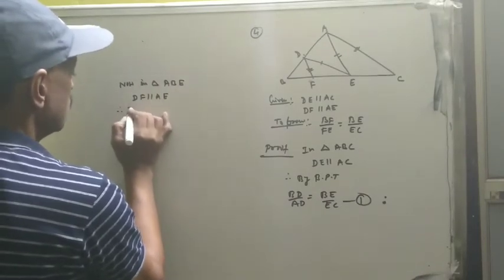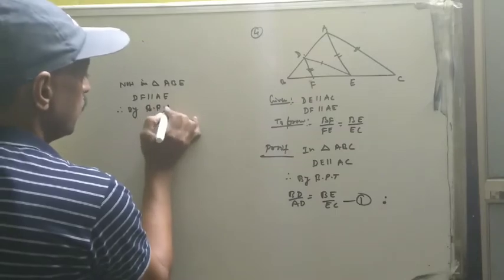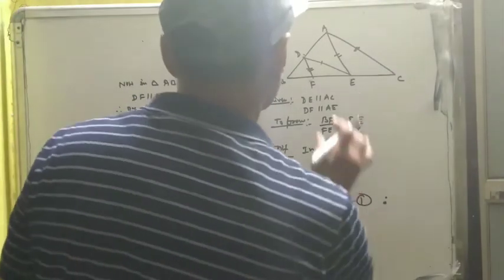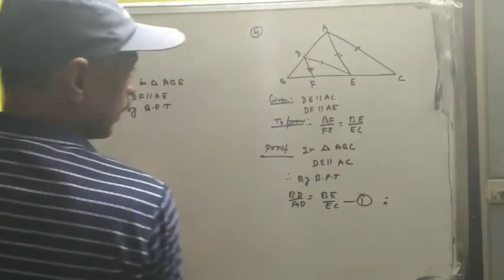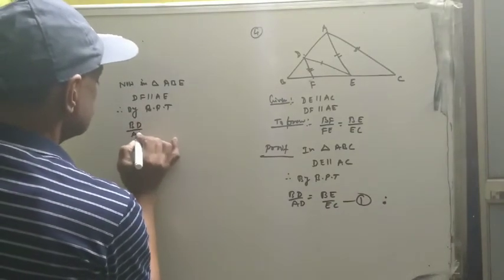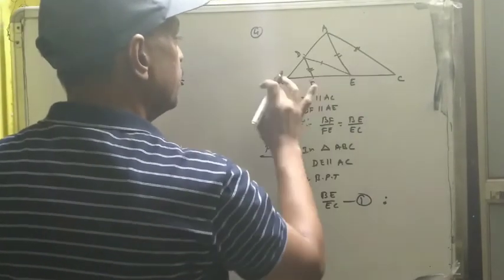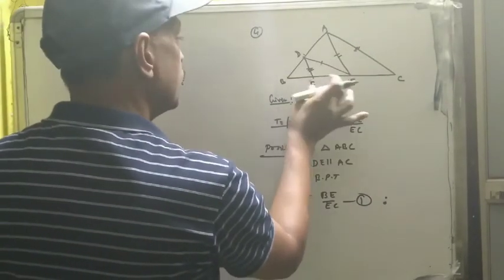Therefore by BPT we can write BD upon AD equal to BF upon EF.